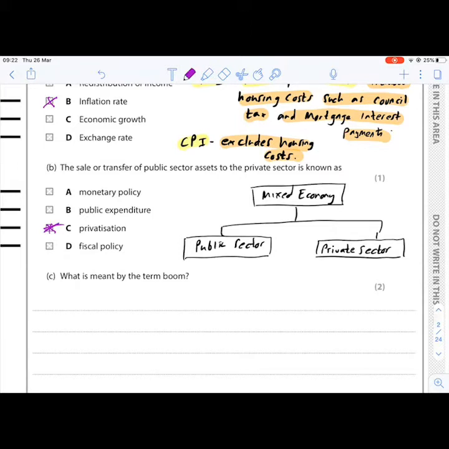If you remember, the public sector is 100% owned and managed by the government, and the private sector is 100% owned and managed by private individuals and firms. So when the government sells one of its organisations to the private sector, this is known as privatisation.